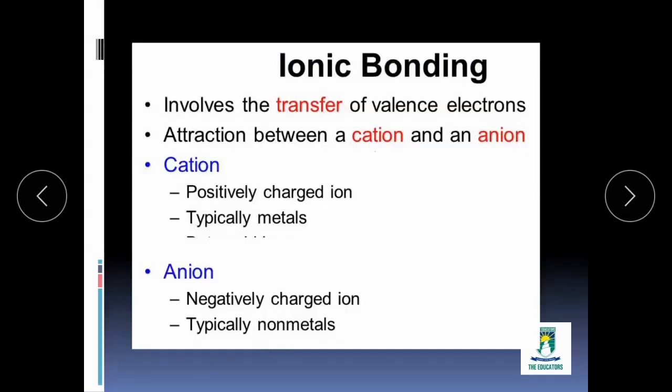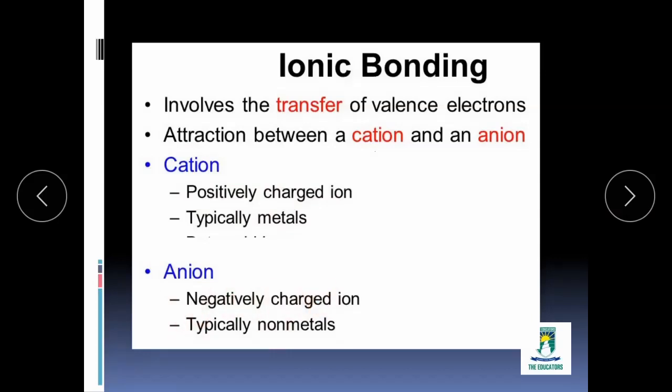Ionic bonding involves the transfer of valence electrons, and the attraction between a cation and an anion. What is a cation? A positively charged ion, usually metals. And what are anions? Negatively charged ions, usually non-metals.